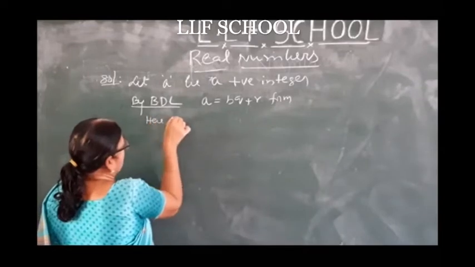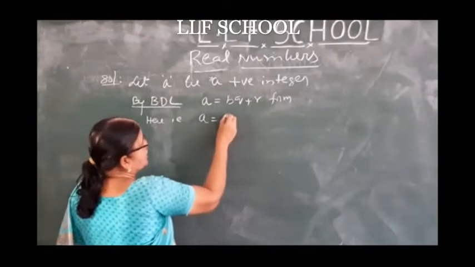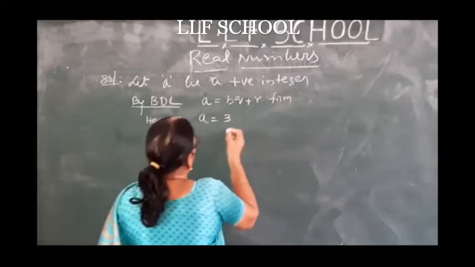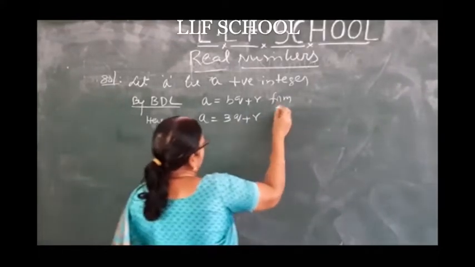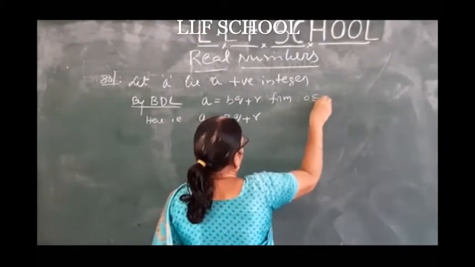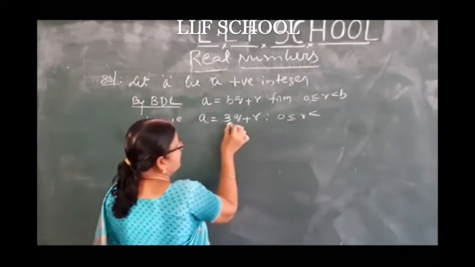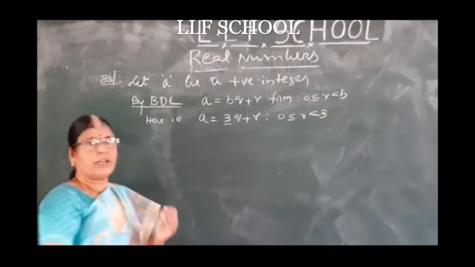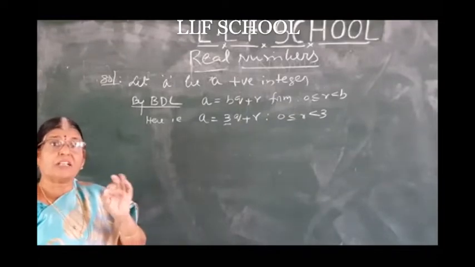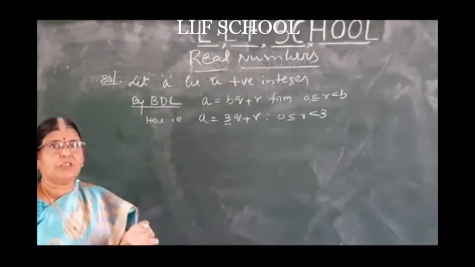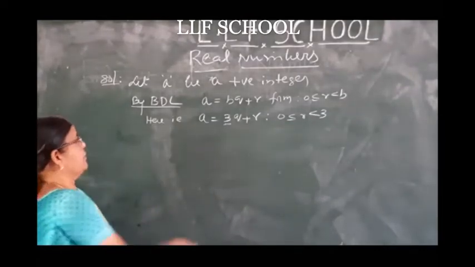Here a is equal to 3q plus r, with 0 less than or equal to r less than 3. Here b is 3, because we have to show that the square of any positive integer is of the form 3p or 3p plus 1 or 3p plus 2. That means a multiple of 3, plus 1, plus 2. That's why b is 3 only.